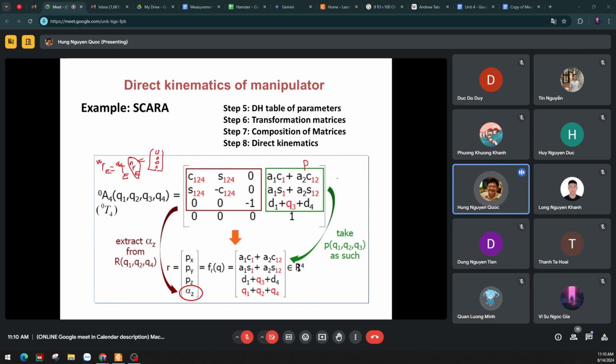Then when you multiply this by 0, 0, 0, 1, only the n term remains.